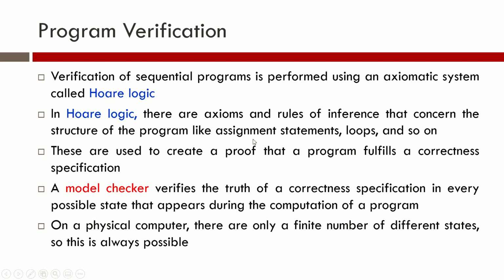These axioms and rules of inference concern the structure of the program; for example, to represent assignment statements and loops, we have axioms. And using rules of inference, we try to create a proof that the program will fulfill a correctness specification. So in the 6th module, we will be discussing program verification, and there we will be using Hoare logic for proving the correctness of a program.